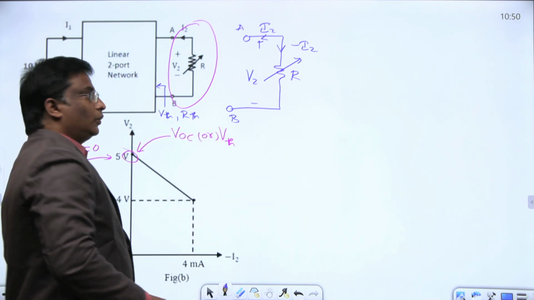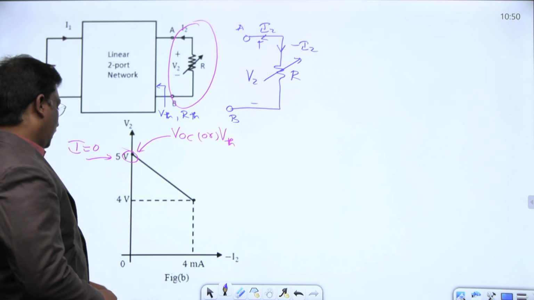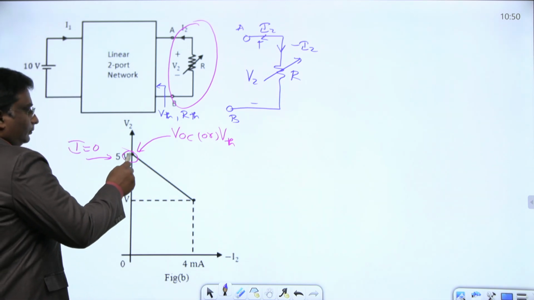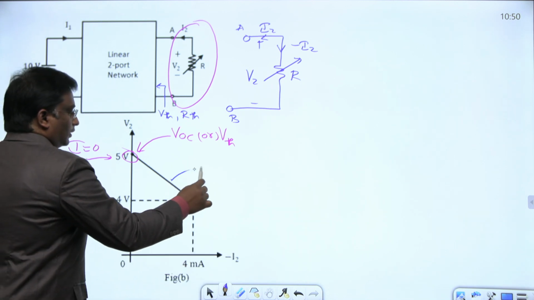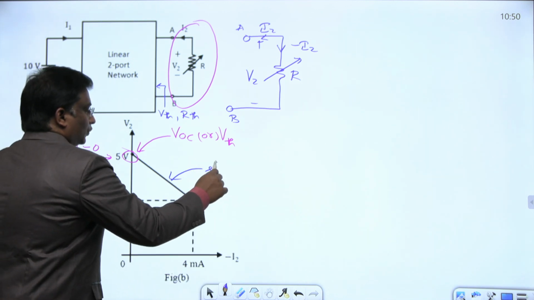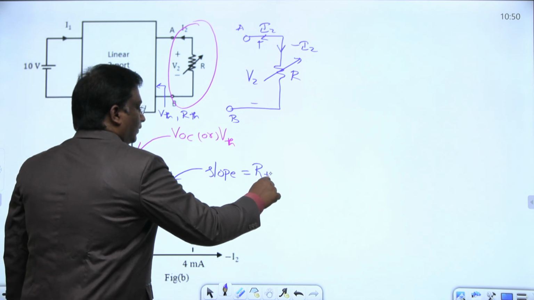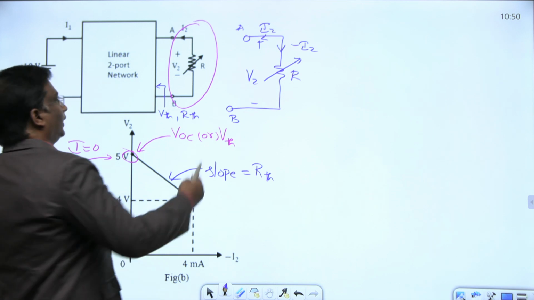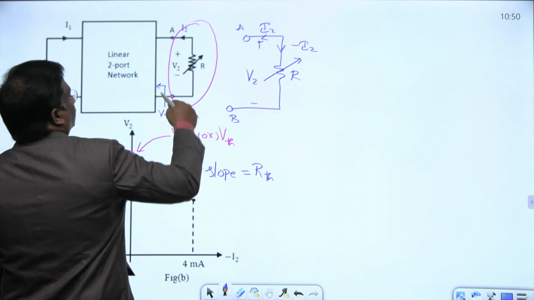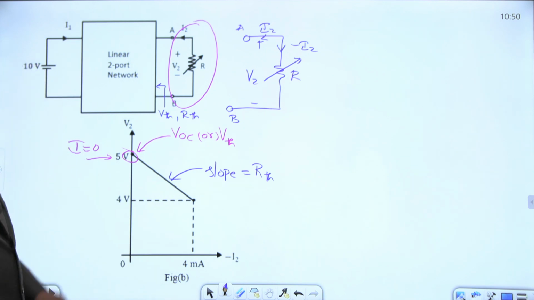If I know this information, I am trying to find the RTH. Just calculate the slope of this characteristic. If you calculate the slope, it will directly give the RTH for the given network.